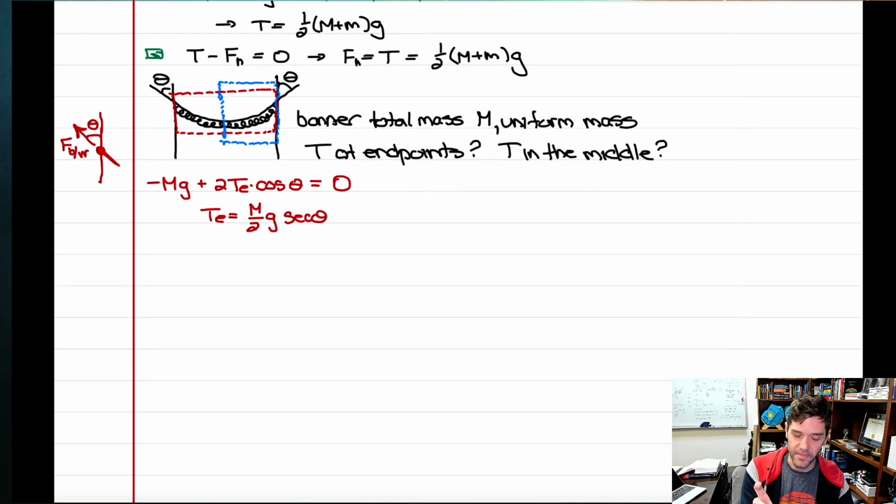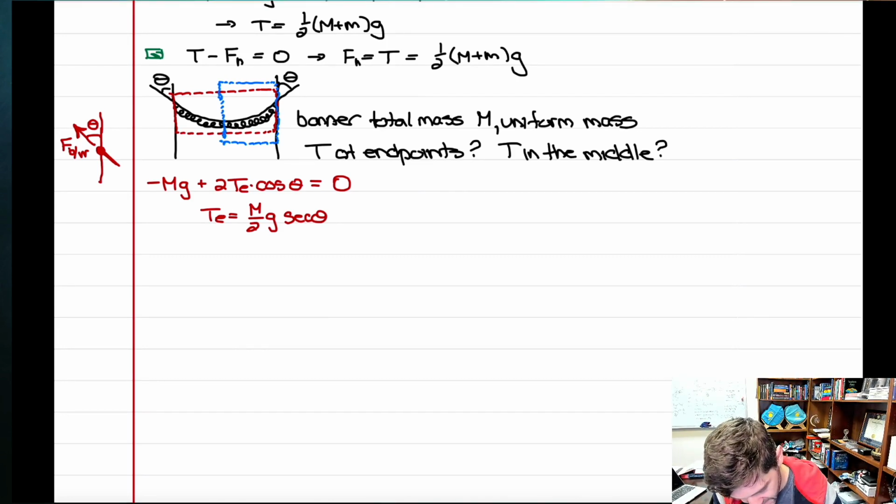Why horizontal? Because the tension in the middle of the banner is only horizontal by the symmetry of the situation. It becomes horizontal right in the middle. So there is a tension pulling the banner to the left in the very middle. So I'll say negative T mid at this point.